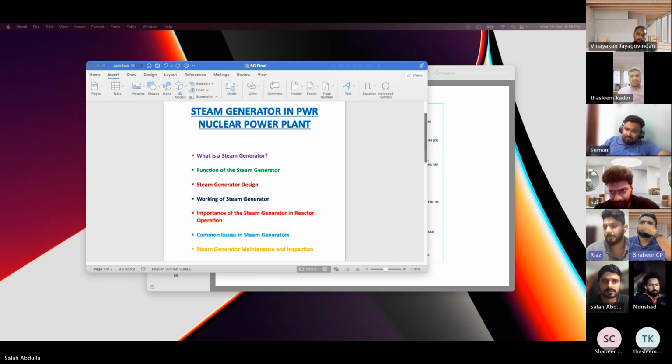At the starting stage itself, the reactor produces a large amount of heat due to fission, in the primary circuit. We are talking about the secondary circuit. If the feed water entering the SG is, like Salah said, 230 to 250, how is it obtained at the starting stage?